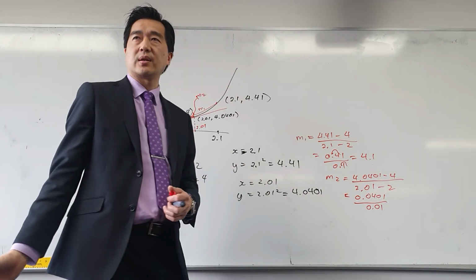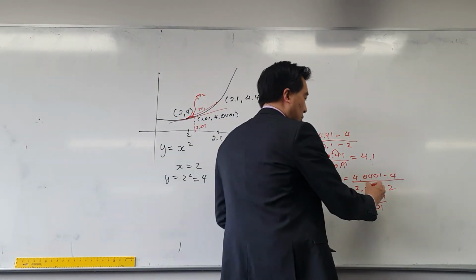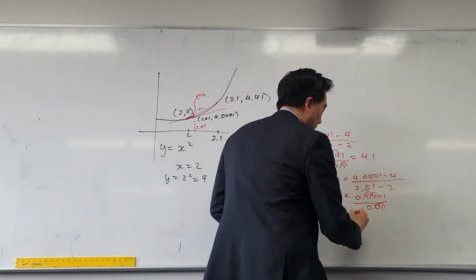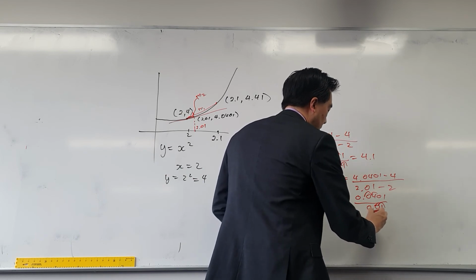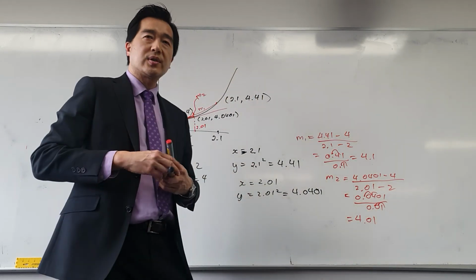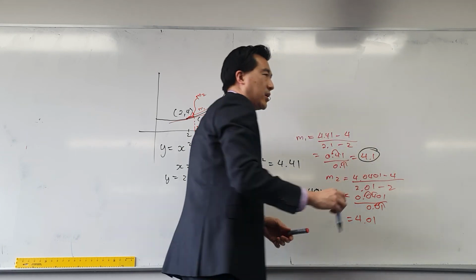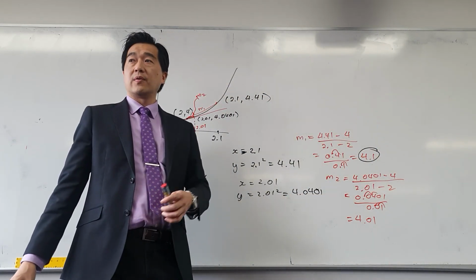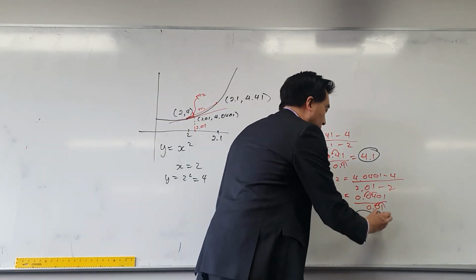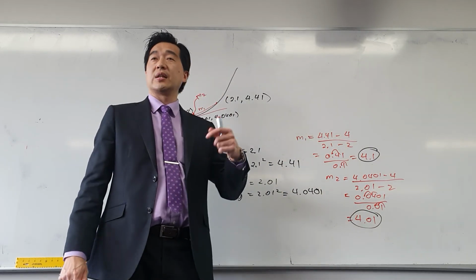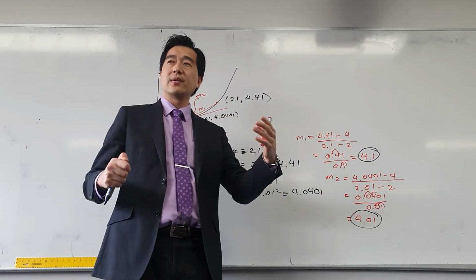Right? Basic subtraction. Move the decimal point over. You get 4.01. Can you see from the first line, you had a gradient of 4.1. From the second line, you have a gradient of 4.01. So that is very clearly tending towards 4.